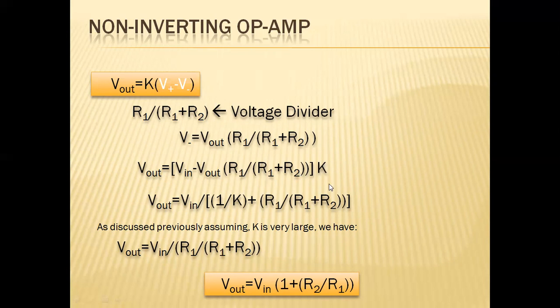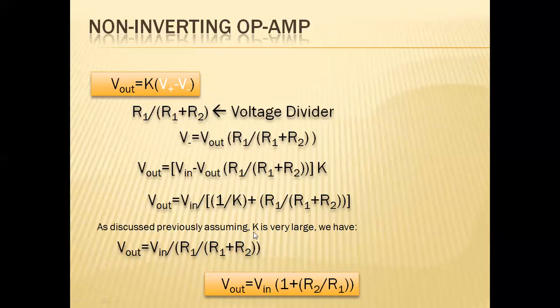We all know that K is a very large value, up to a maximum of 10,000, the standard value in the normal mode of operation, as we have discussed. So we come to the conclusion that the voltage output is equal to the input by 1 by K plus R1 by R1 plus R2.